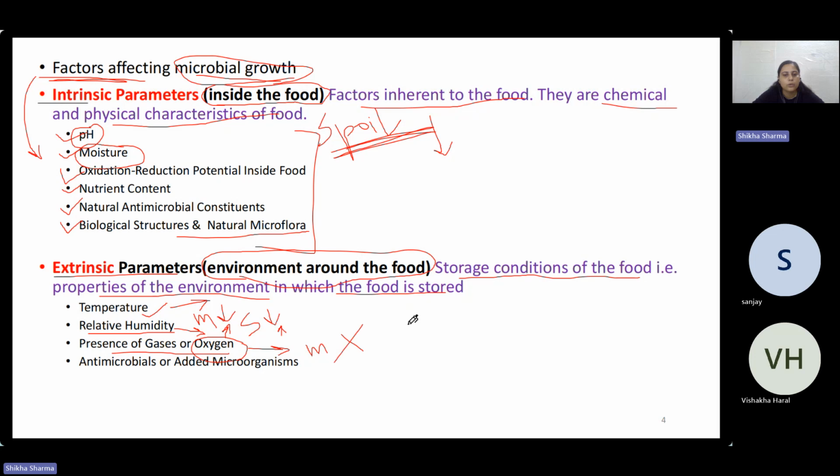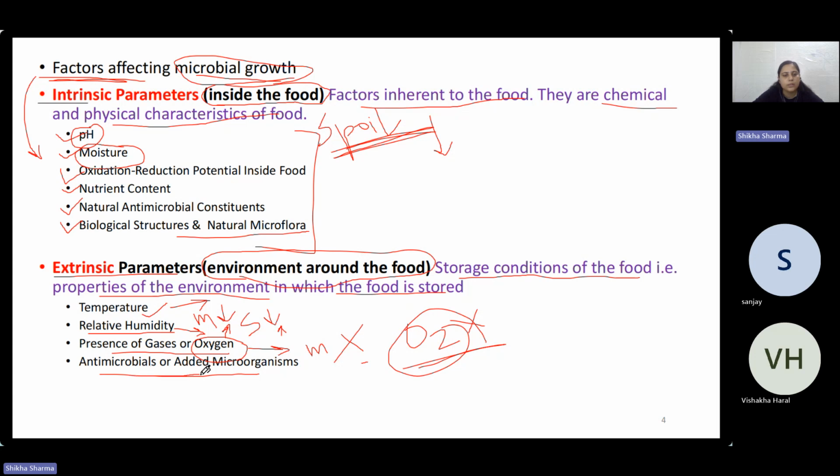Another kind of microorganisms grows only in the absence of oxygen. So the presence of gases, or oxygen, affects the microbial growth in a particular food product.